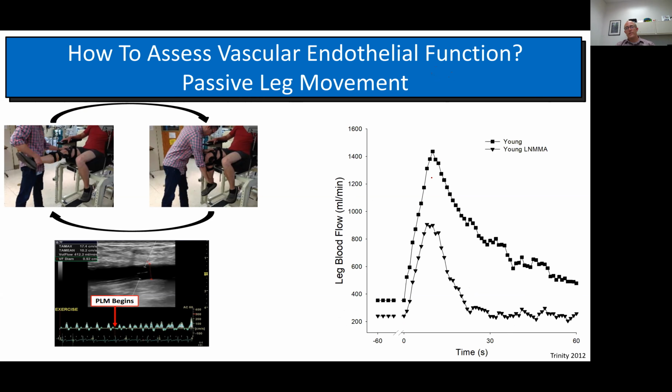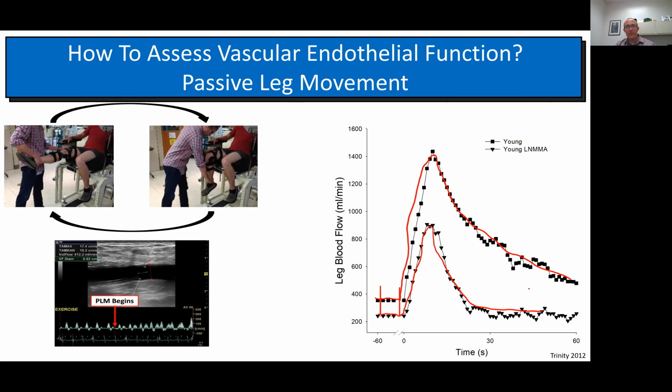Now, why is this important? We've done studies in the past where we found in healthy young people, if this is their response to the passive leg movement when we infuse saline or a placebo, then when we do the same test again on the same person, but we infuse nitric oxide inhibitors, the response is blunted, anywhere from 40 to 80% in a healthy young adult.